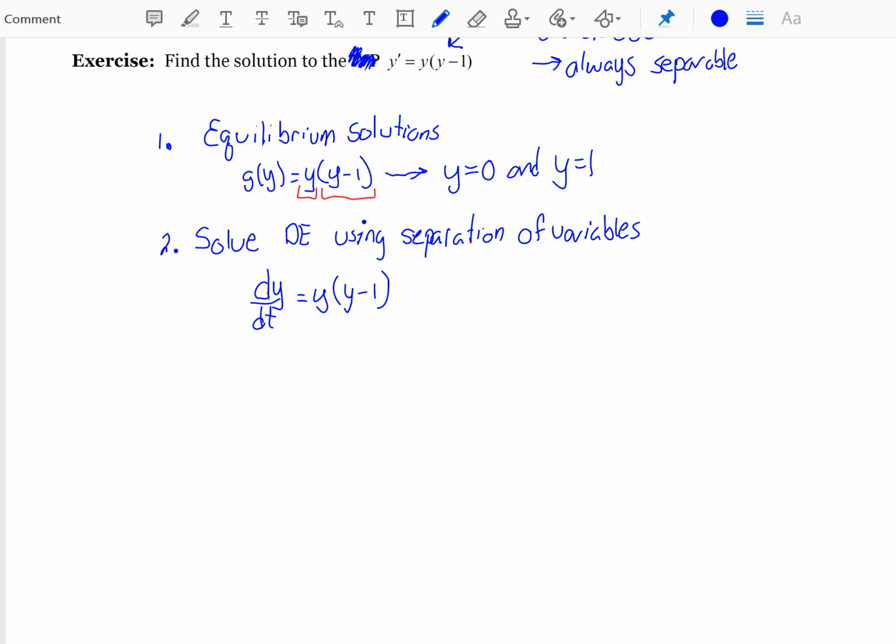Separating variables, we'll multiply to get the dt on the right and divide by y times (y minus 1). Now don't multiply this out. That's not going to help us. Here I want to write it as dy over y(y minus 1) equals dt.